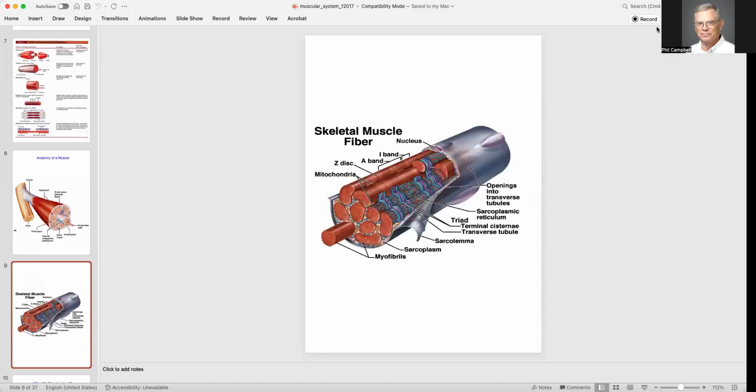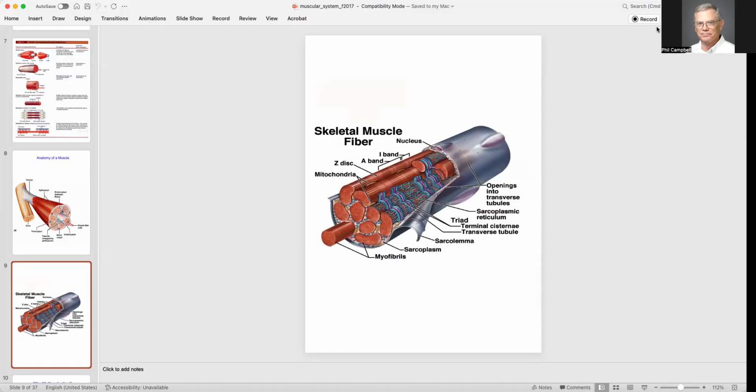Okay, let's focus on that muscle cell itself. I already told you that that muscle cell is filled with myofibrils. Let's talk about something a little bit more complex than that. It has its own plumbing system.